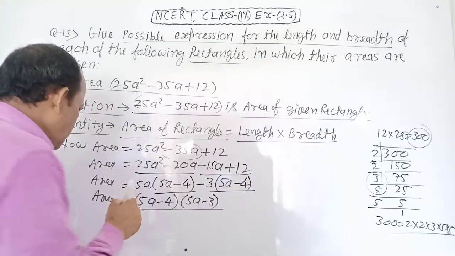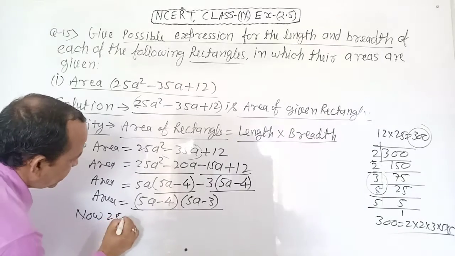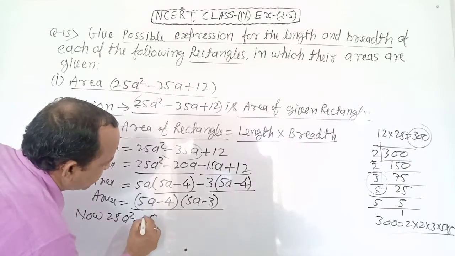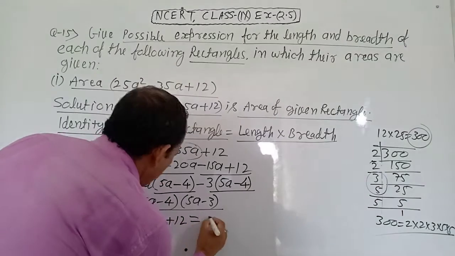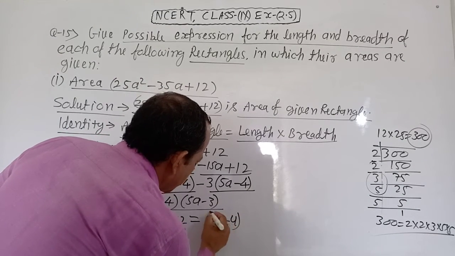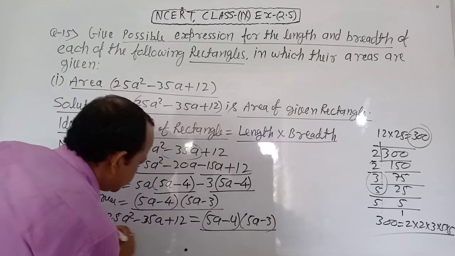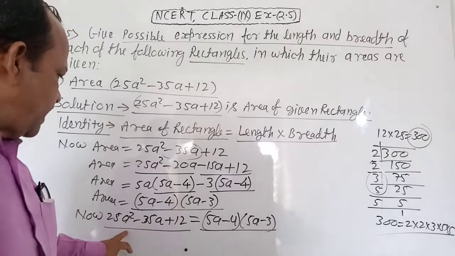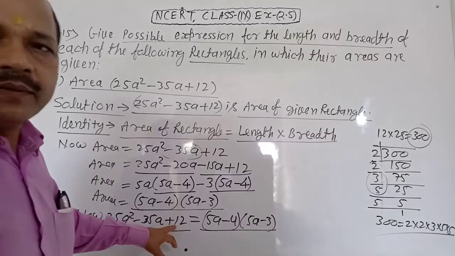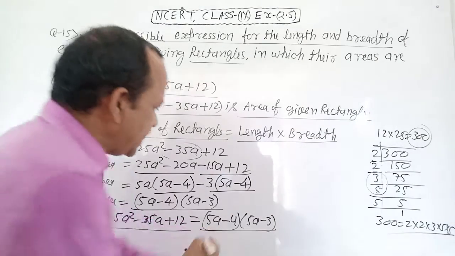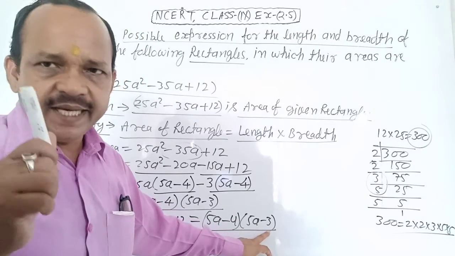Very good. Now 25a square minus 35a plus 12 equals 5a minus 4 in the first bracket, 5a minus 3 in the second bracket. Clear?